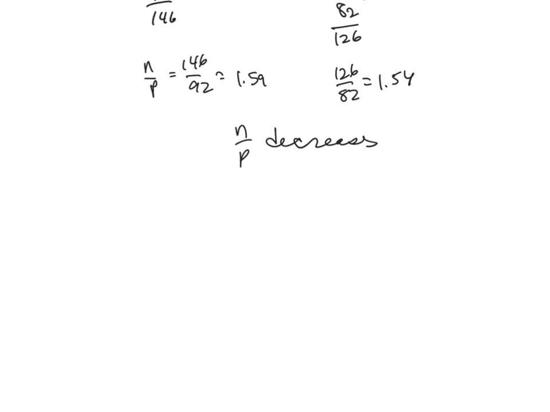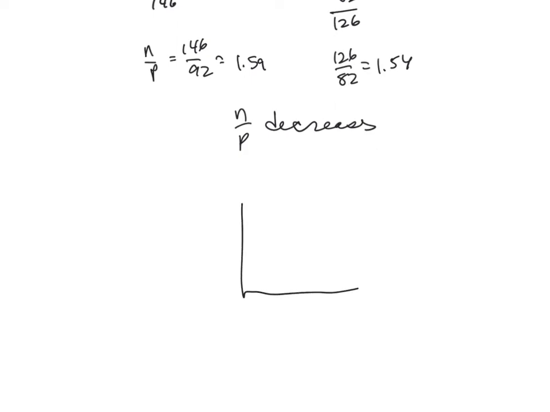So then this last graph, you'd have to play around with a little bit. So we can take 82, 92, bigger differences here. 126 versus 146, neutrons and protons, of course.